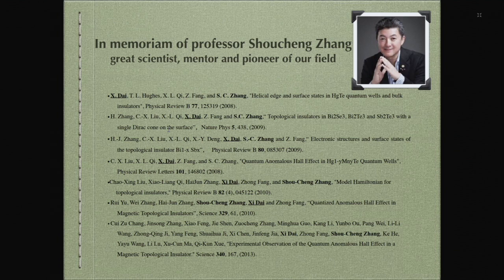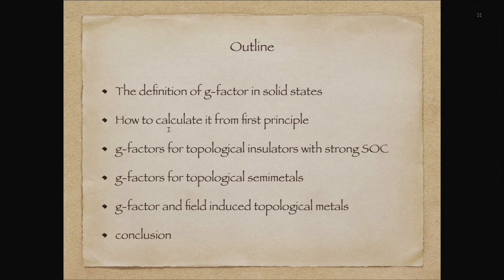In today's talk, I'm going to focus on a very small part of topological material: the G factor. I remember there was a group meeting like 12 years ago here at Stanford, when I was visiting Shoucheng's group for 2 or 3 weeks.